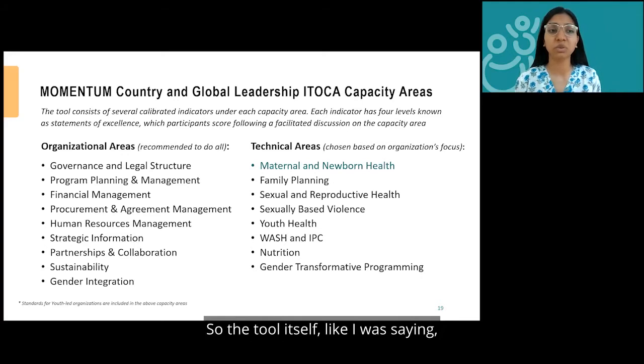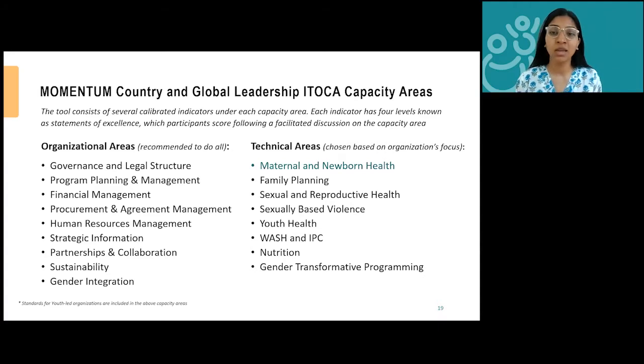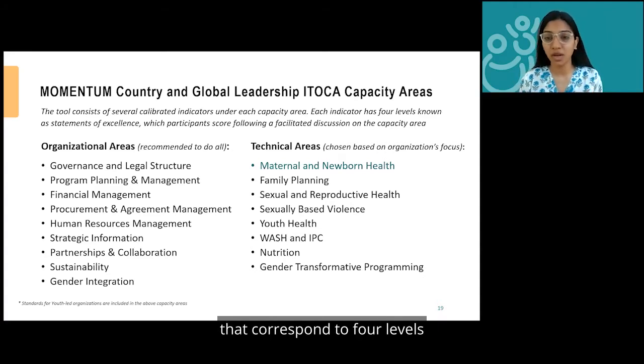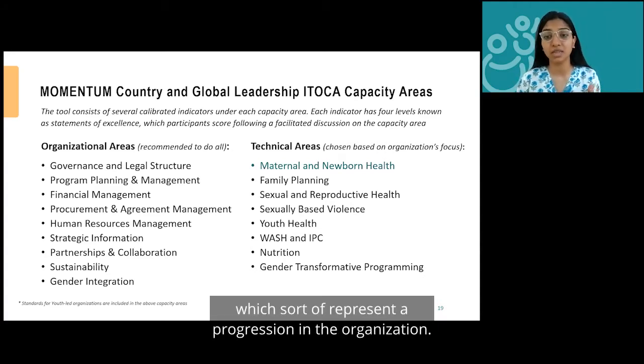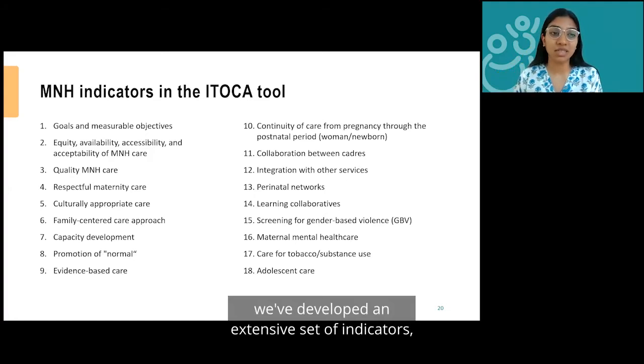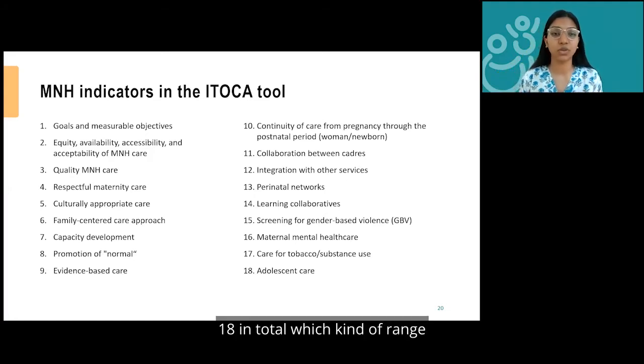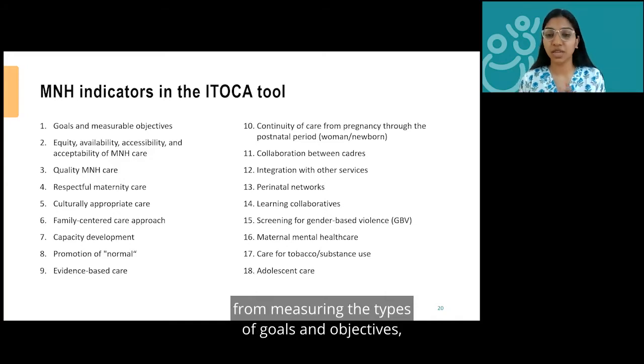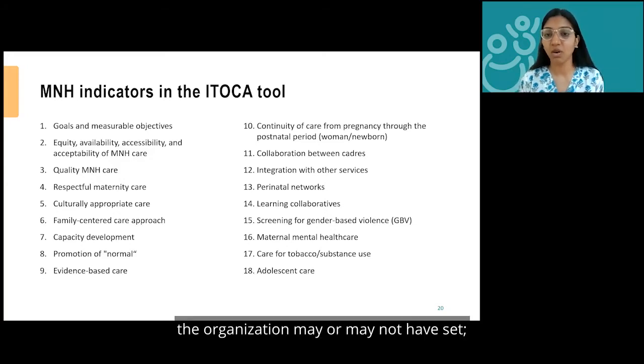So the tool itself, like I was saying, consists of several capacity areas, each of which have a number of indicators that correspond to 4 levels, which represent a progression in the organization. So looking at the MNH area, we've developed an extensive set of indicators, 18 in total, which range from measuring the types of goals and objectives the organization may or may not have set.